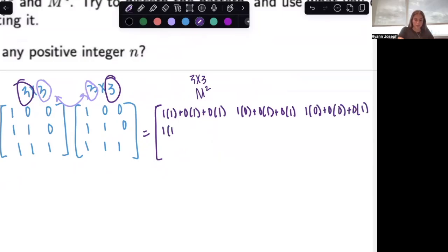Second row times first column. Second row times second column. Second row times third column. Third row times first column.